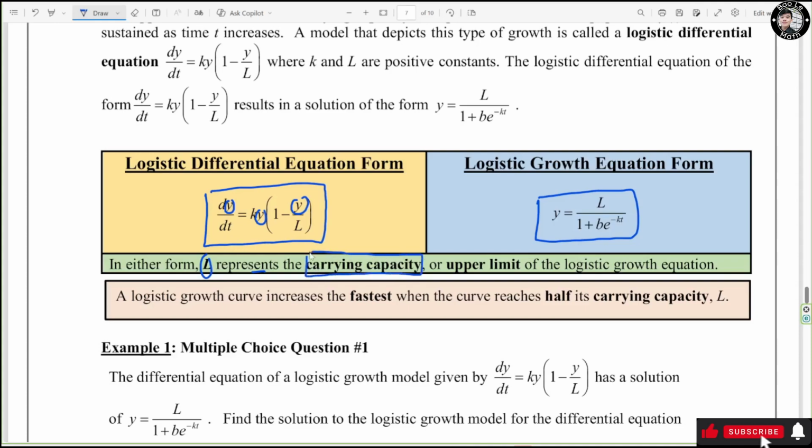This one is extremely important, right? So L right here and L right here, or the upper limit of the logistic growth equation. A logistic growth curve increases the fastest when the curve reaches half its carrying capacity L.